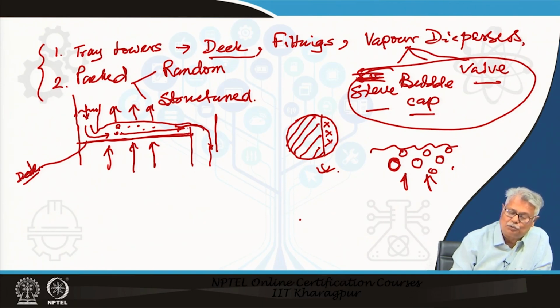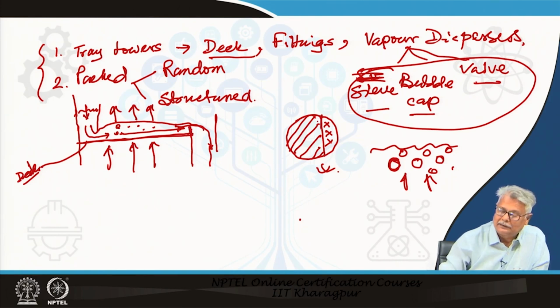The simplest way to do it is to provide here a vertical sheet of metal which will be restricting, and if the liquid has to go from the left to the right, it has to flow over it. So, you have a flow over the weir and you have a throw.